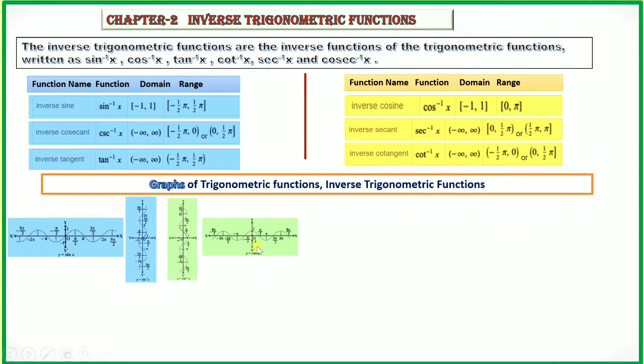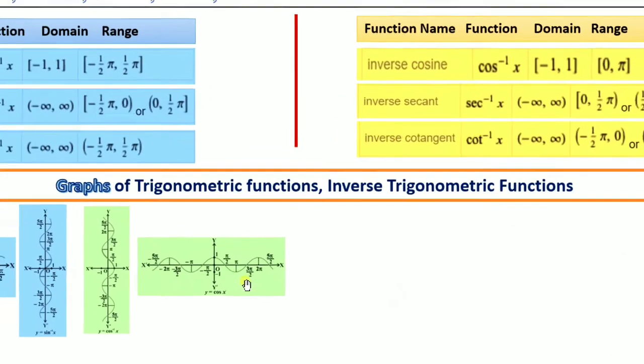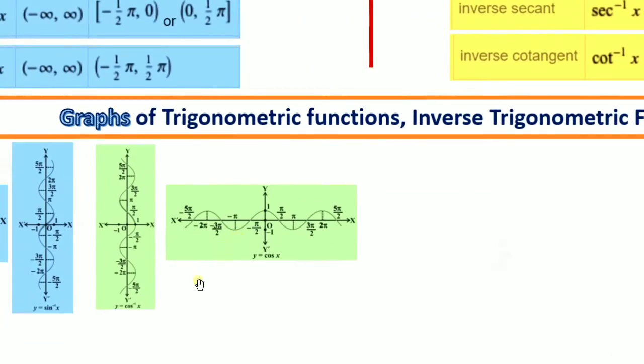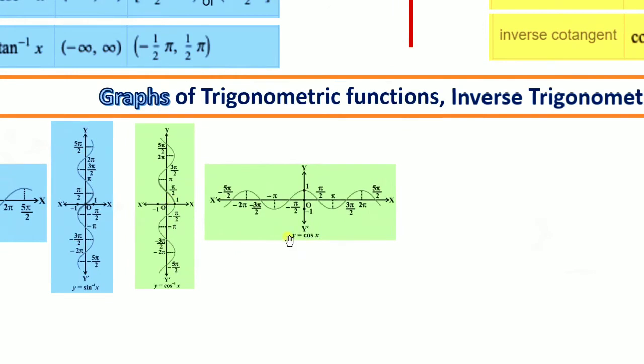The next function is y is equal to cos x. As we have the value of cos 0 equal to 1, this function starts from 1 and then decreases up to 90, still decreases and then starts increasing in this quadrant here, while its inverse trigonometric function is this one.